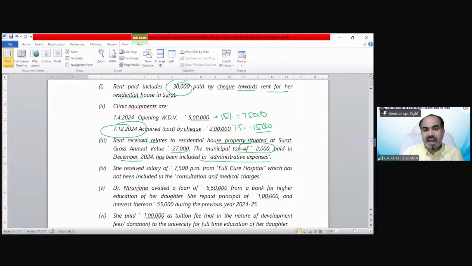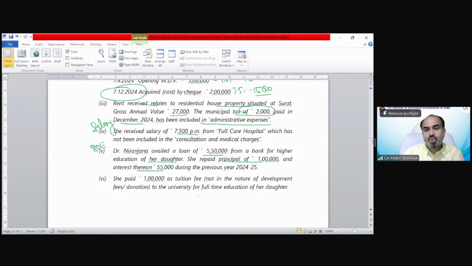She received a salary of 7,500 per month. That's her salary income, and we will consider it in the salary head. She availed a loan for higher education of her daughter and repaid the principal of this one. This is the education loan under section 80E. 1 lakh is tuition fees, not in the nature of development fee. This is section 80C.